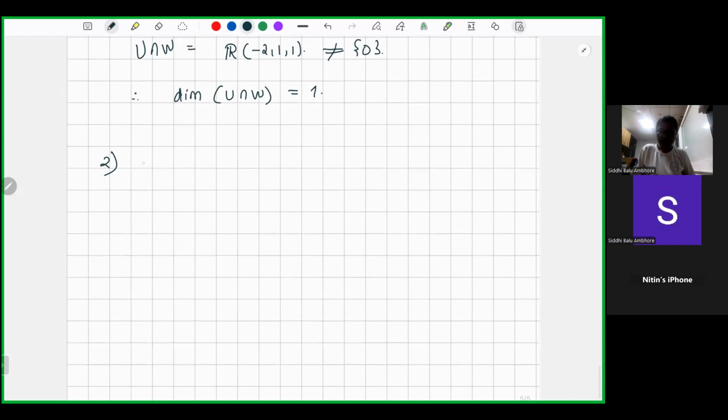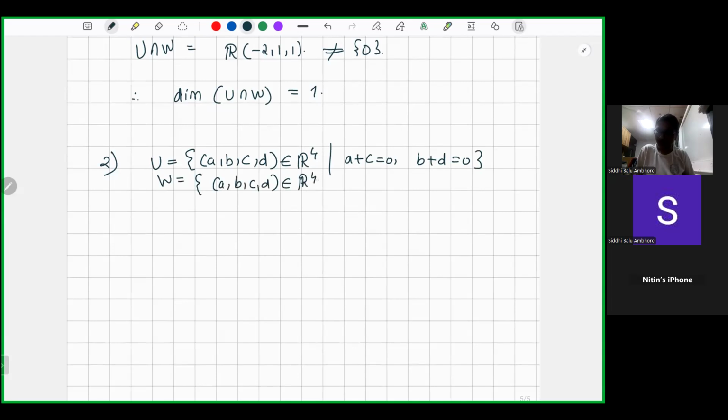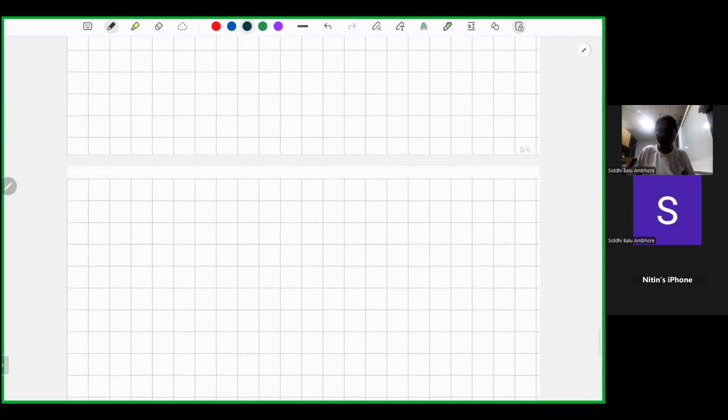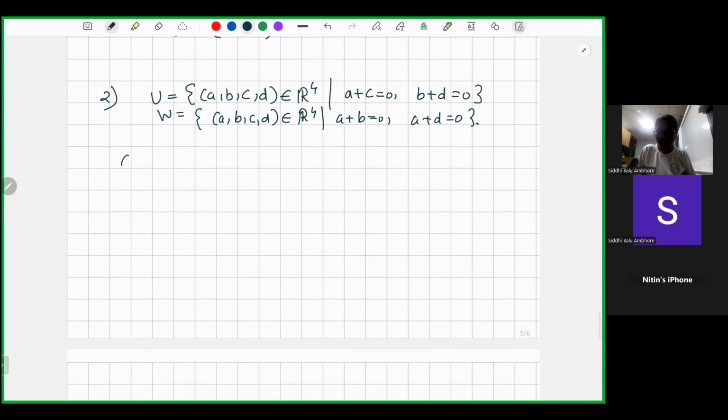Now the second part. We again have U and W in R4. U is the set of vectors (A, B, C, D) in R4 such that A plus C is 0 and B plus D is 0, and W is the set of (A, B, C, D) in R4 such that A plus B is 0 and A plus D is 0. I now calculate dimensions.